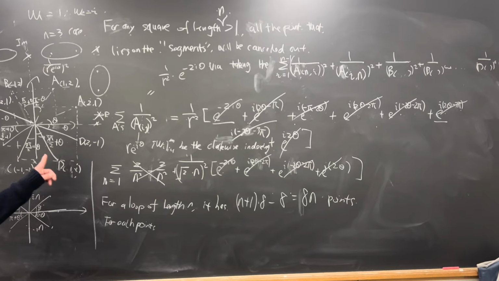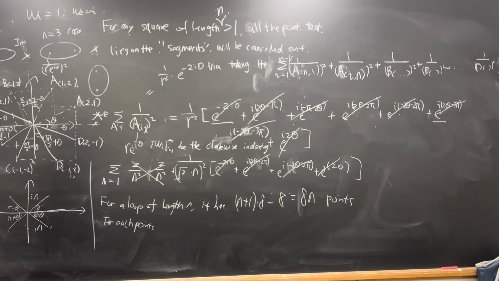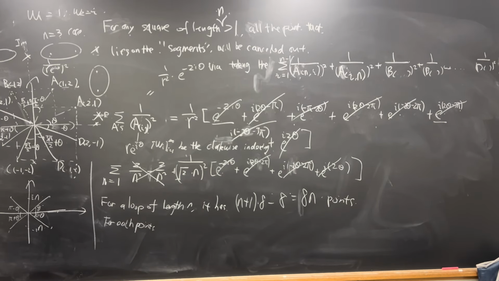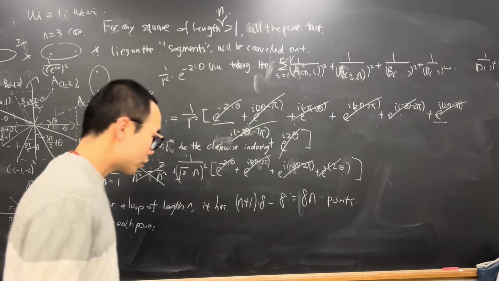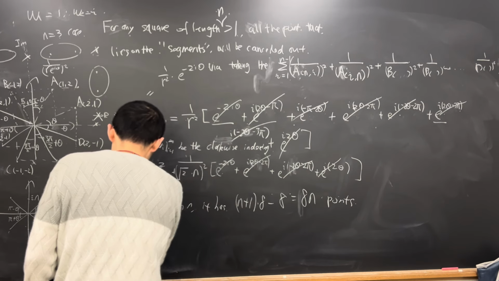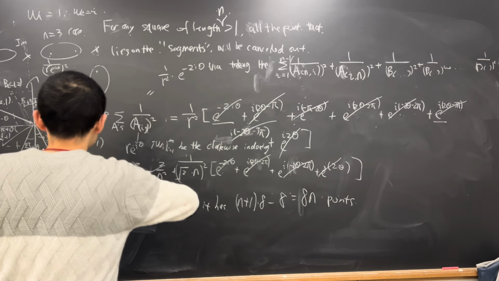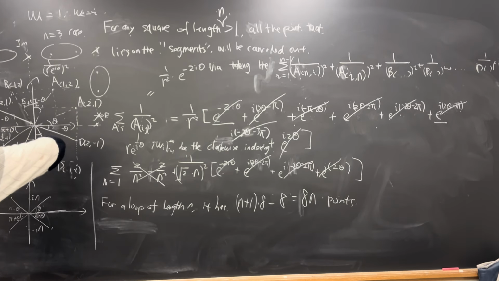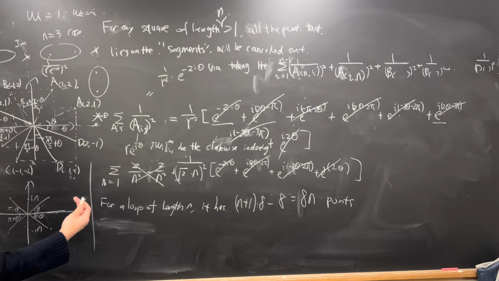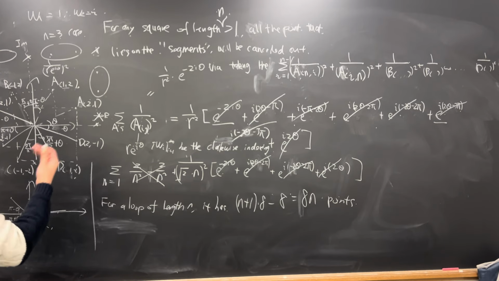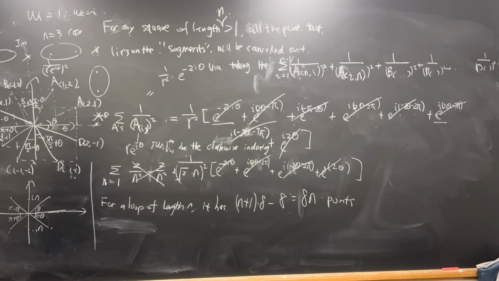In this case, I want to show that the sum is actually 0. So I want to show that for n being large, the sum minus 0 is less than epsilon. Yeah, this is what I'm trying to show.